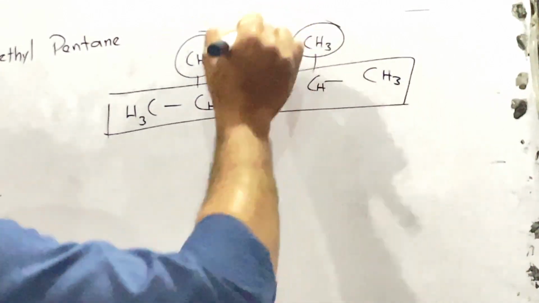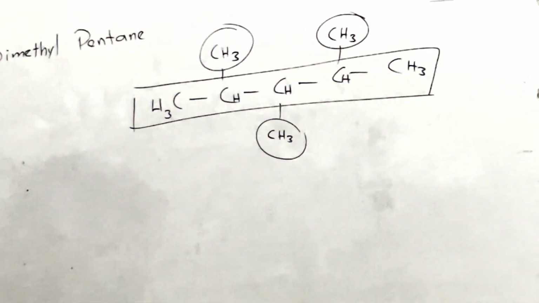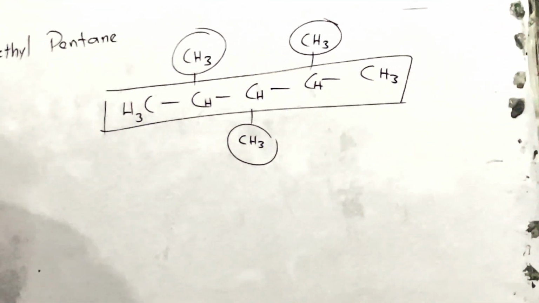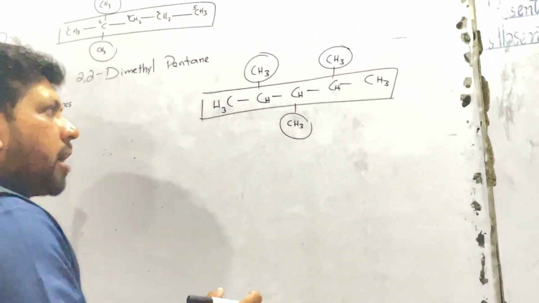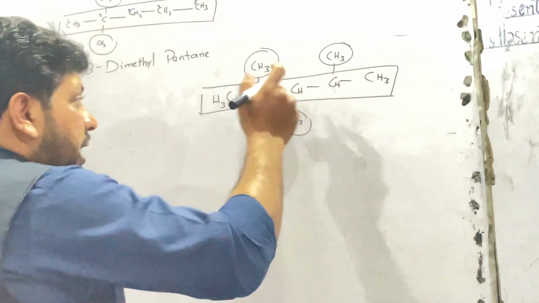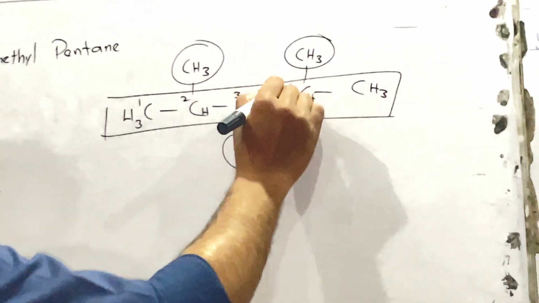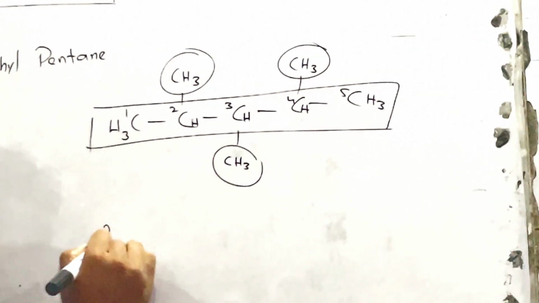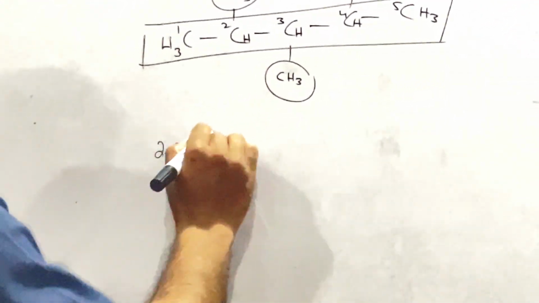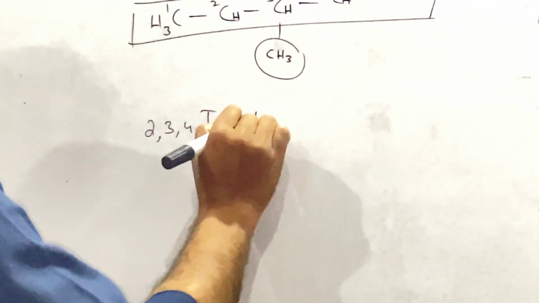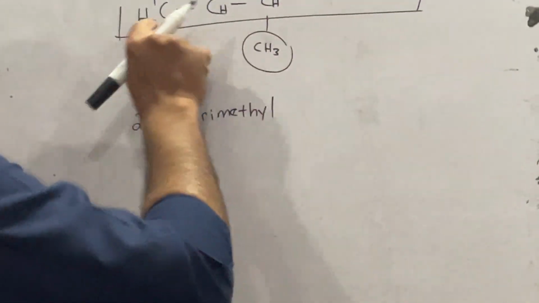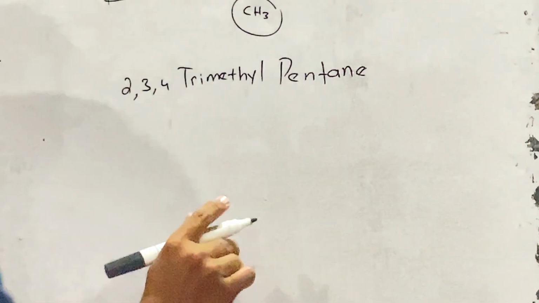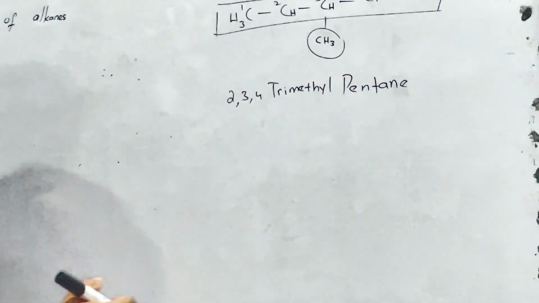These are substituents, meaning branches, and the numbering of carbon atoms is 1, 2, the same pattern. Either you can count from the left side or from the right side. It depends upon you. 2, 3 and 4. Trimethyl, and the parent molecule is pentane. Trimethyl pentane.